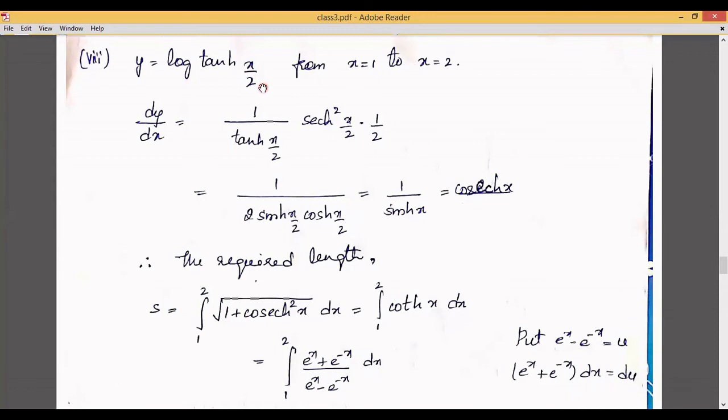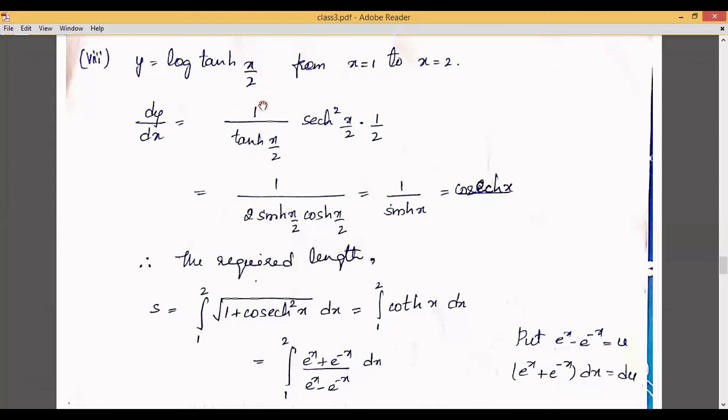And the third, you should know the formula. These three are very important for you to deal with differential calculus or integral calculus, either for rectification or area, volume, anything it is.